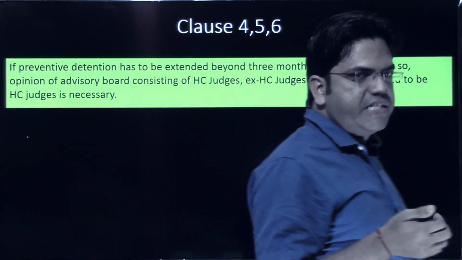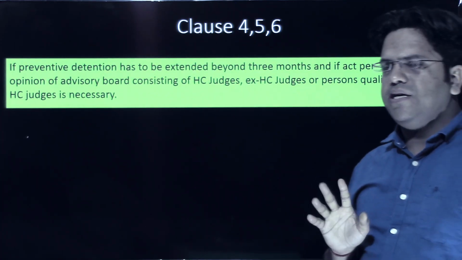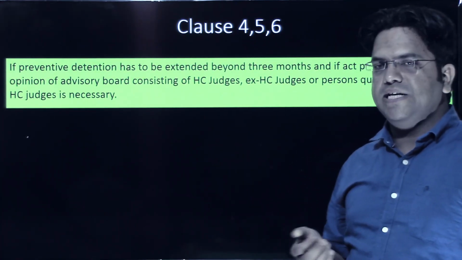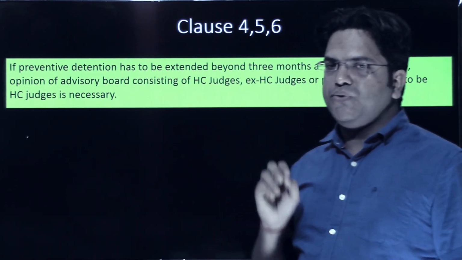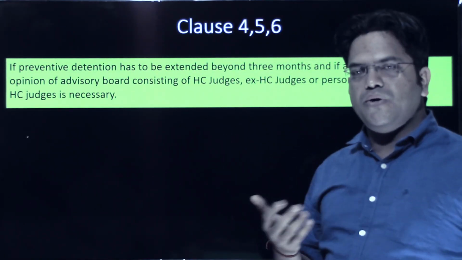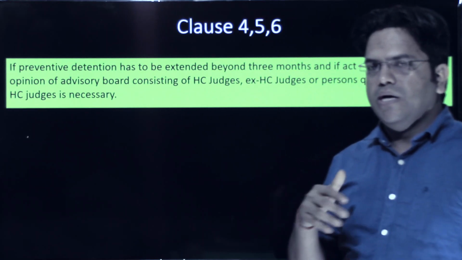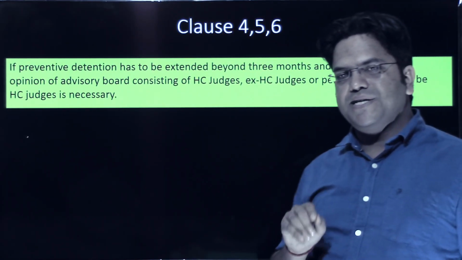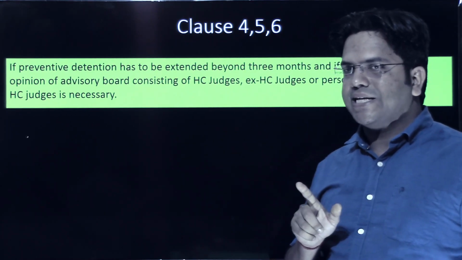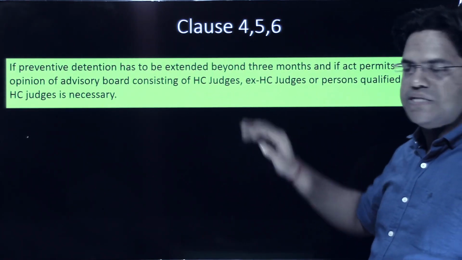Thereafter their extension was by this procedure, and right now they are arrested under the Public Safety Act, because the act there in J&K perhaps does not allow extension of arrest beyond perhaps 6 or 7 months. That's why they have now been arrested under a different act. I hope you have understood clause 4.